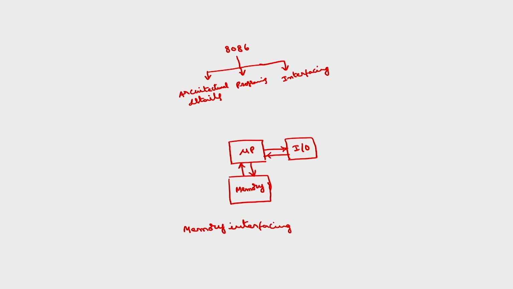Before going for the memory interfacing, I will review some details of the memory, because memory details are required to interface the memory to the microprocessor. So, basically there are 2 types of memories: read only memory and random access memory.